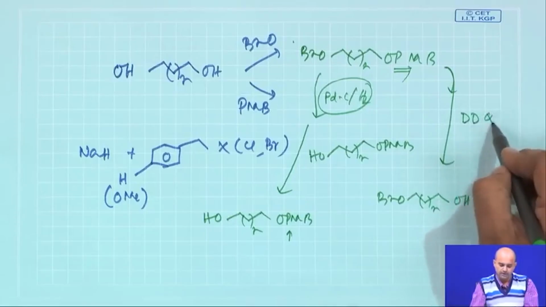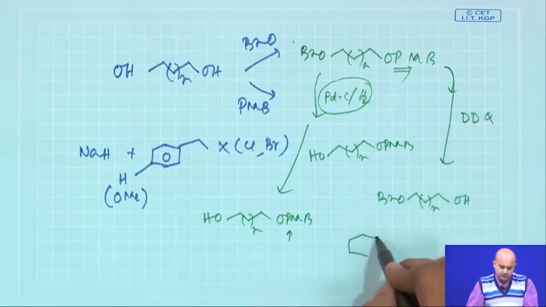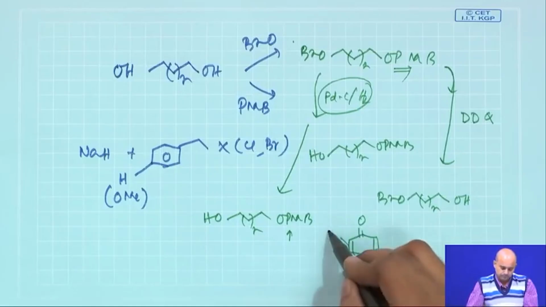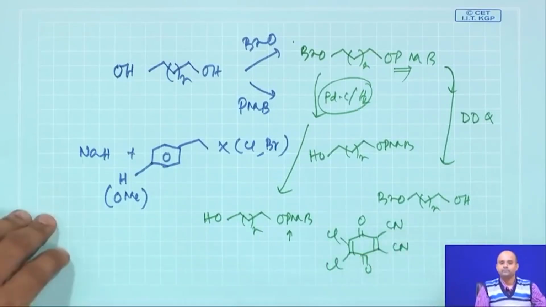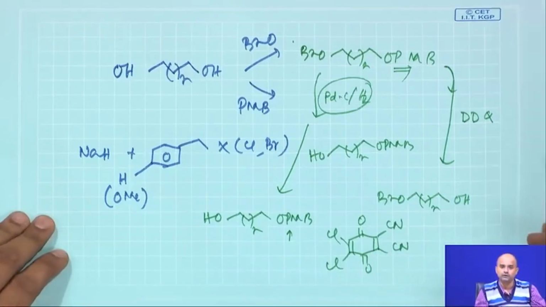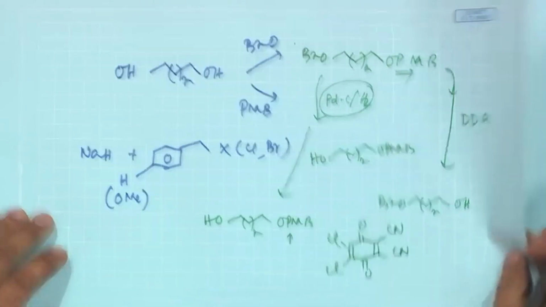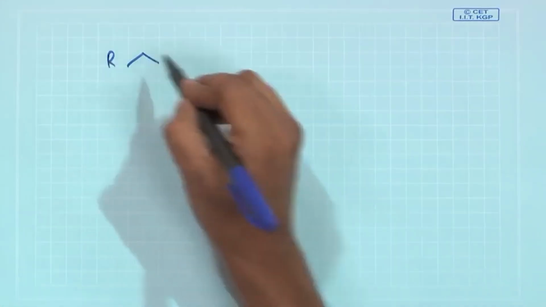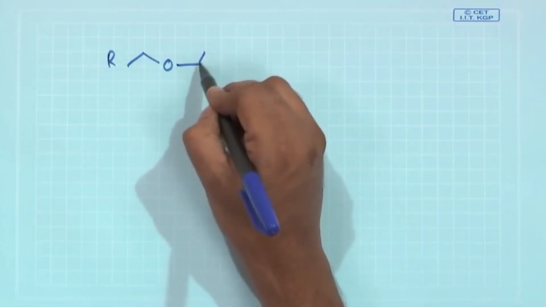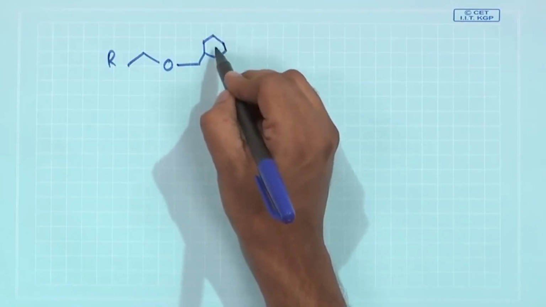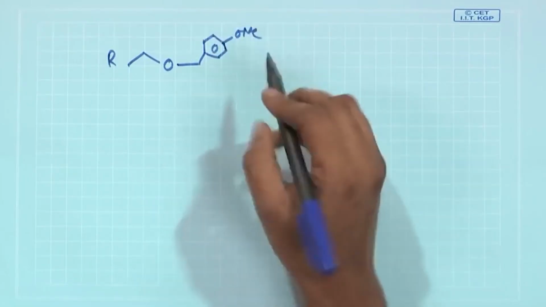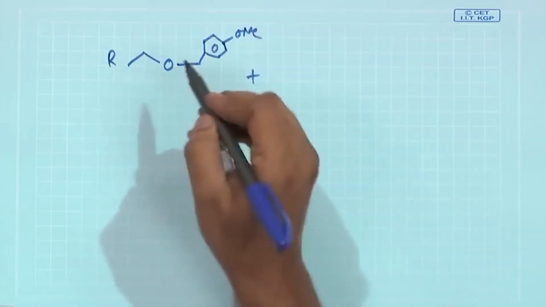If you use a reagent called DDQ, whose structure is this, a single electron transfer reaction takes place. In reality, what happens? You have an RO-PMB and you react it with DDQ, which is an aromatic compound.